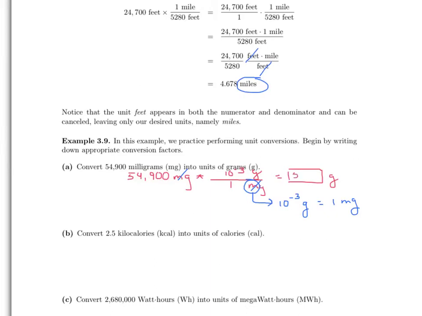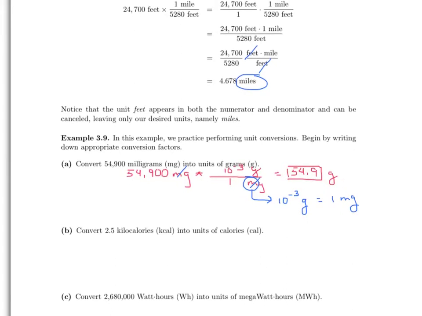So that's our numerical value. We've shown through this calculation that 54,900 milligrams is the same thing as 54.9 grams. Let's try part B.